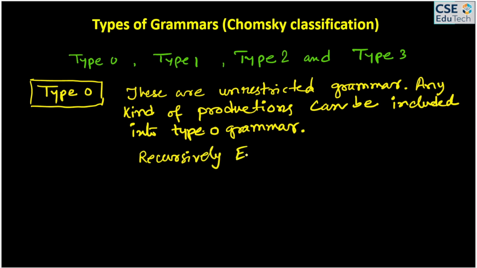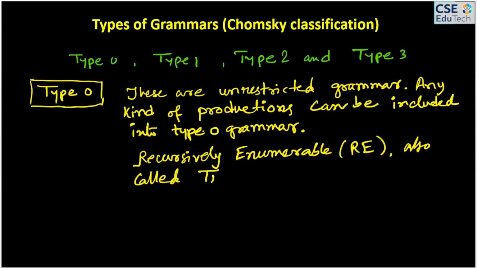That is, RE languages belong to type 0 grammar, and these recursively enumerable languages are also called Turing recognizable languages.